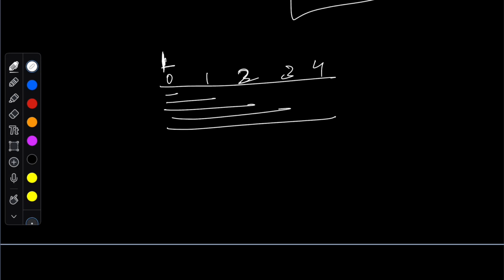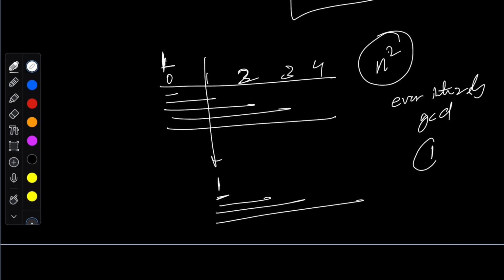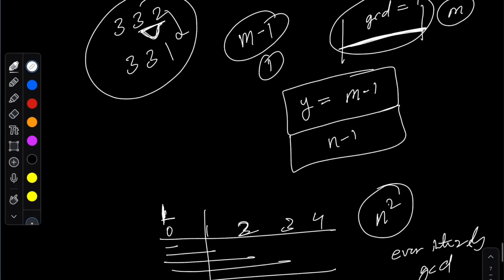Then in the next iteration I can start from here and choose this size, this size, this size, like that. So in n square time I can get every interval's GCD. Whichever interval gives me a GCD of 1 and whose size is smallest, I will take that size as my m.